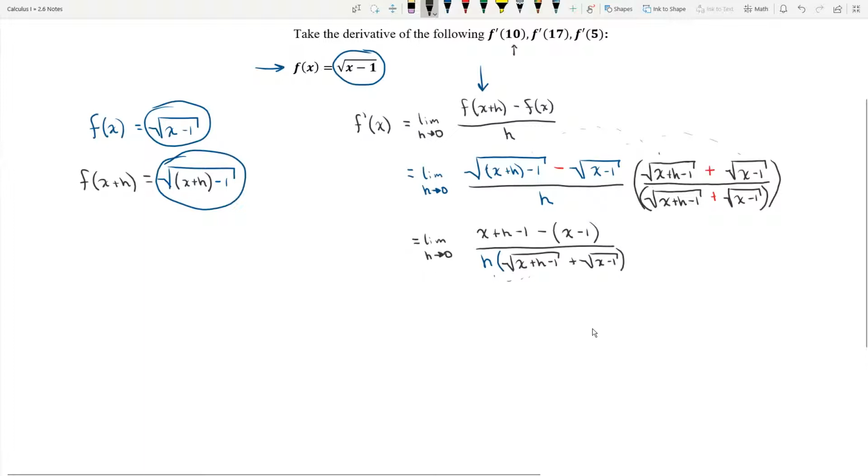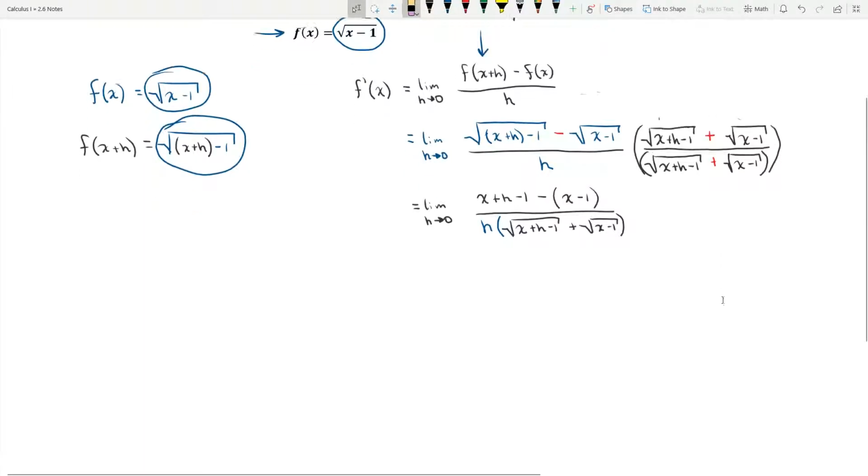The reason we're not going to do that is because we're trying to reduce it. We're trying to find another h in the numerator that will allow us to eliminate that problem. We still have the same issue right now. If we substitute 0 for h, that would be 0 times all of this, which would still be 0. So we still have that problem. We need to get rid of that h, and we're just about there.